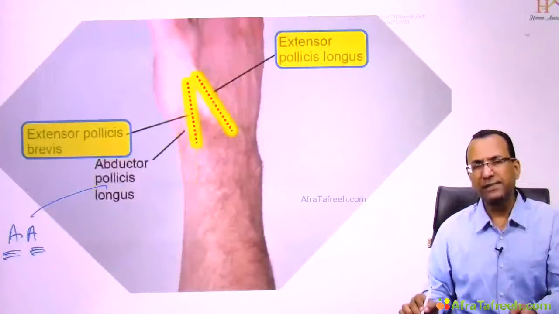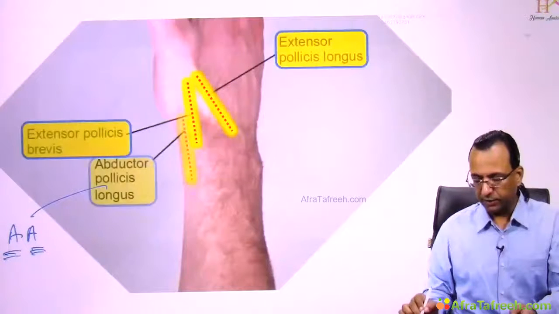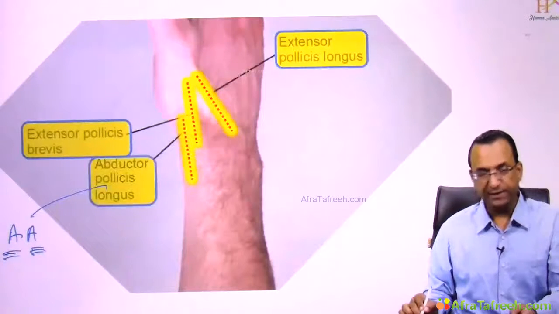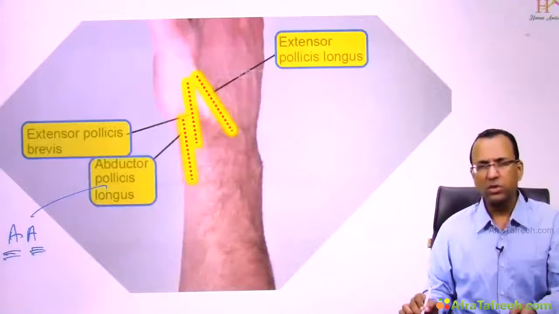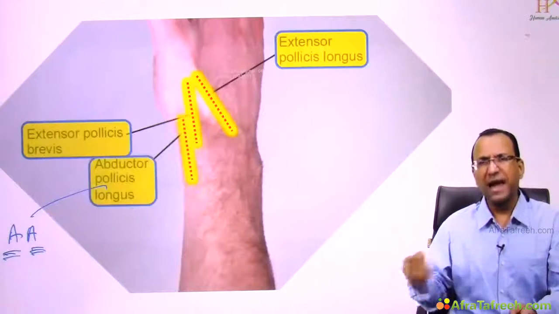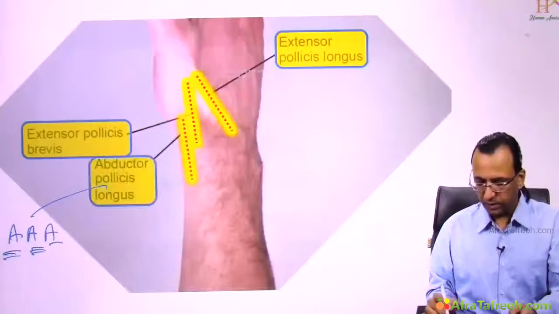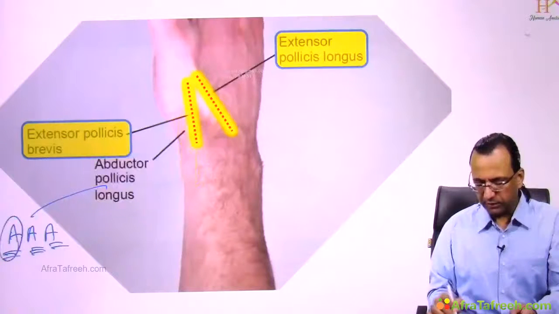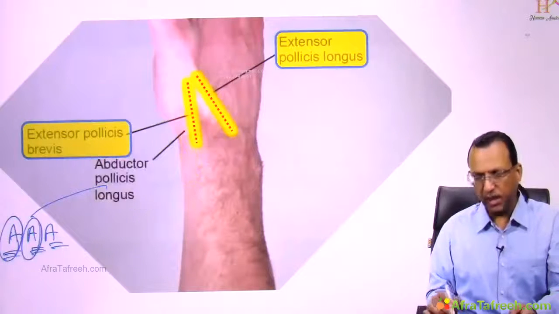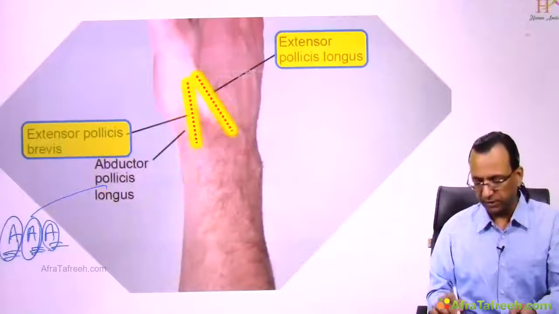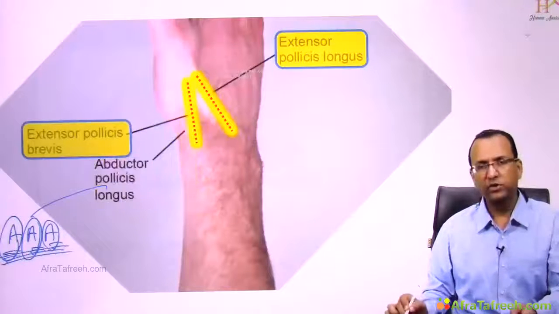Abductor pollicis longus is anterior, but it is not the actual boundary, it is an additional boundary. Then who is the actual boundary?